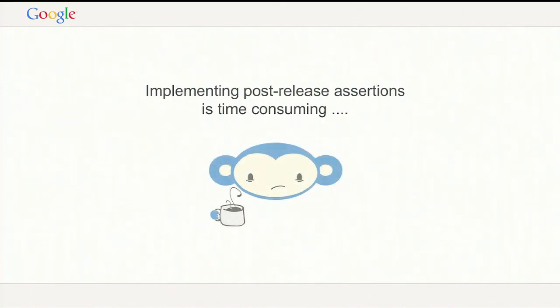Now, given these two types of assertions, implementing them is very time-consuming. Most of you are developers, people in software. You know that we spend a lot of time writing test cases before we go to production. We write unit tests, we do system testing, integration testing. We already spend so much time on it.